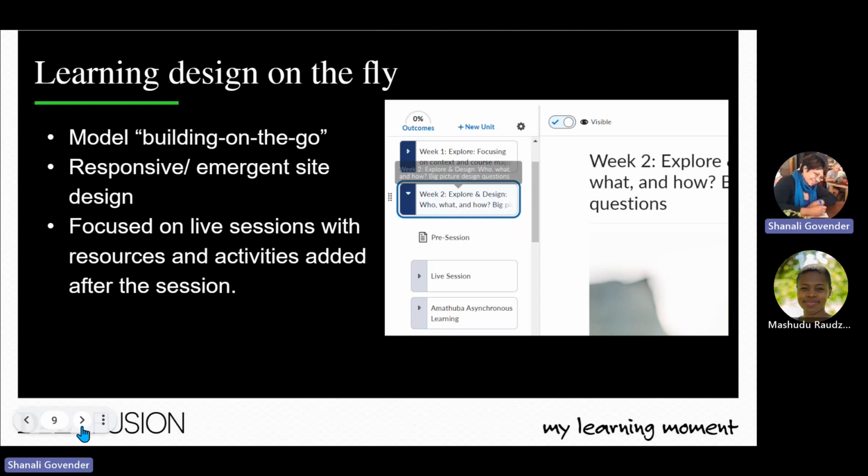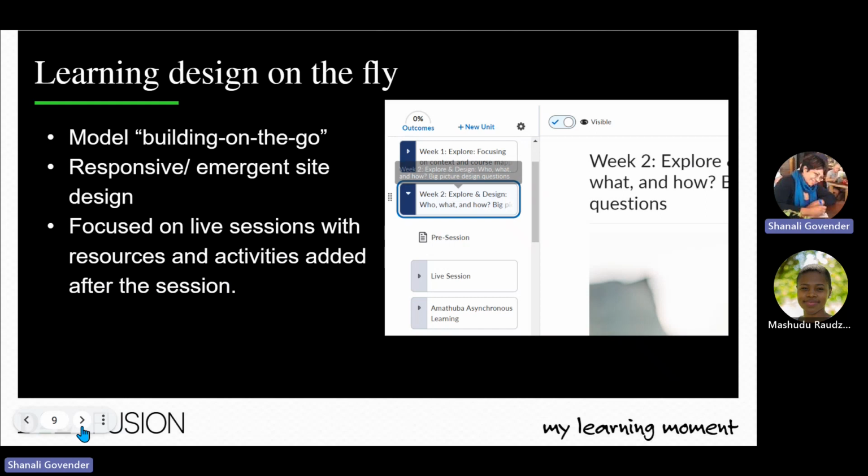What this meant was that we engaged in a kind of responsive emergent site design. This was quite stressful and required us to have additional time available during the running of the course to be able to build in this particular way.